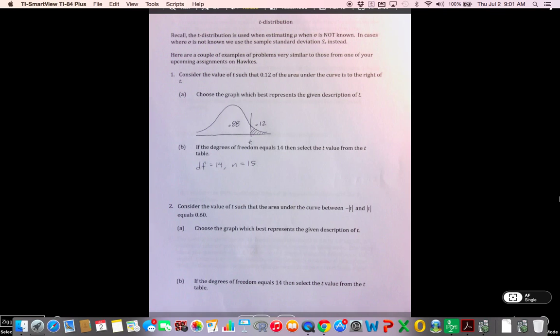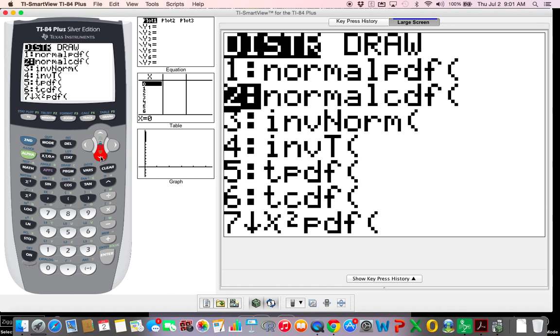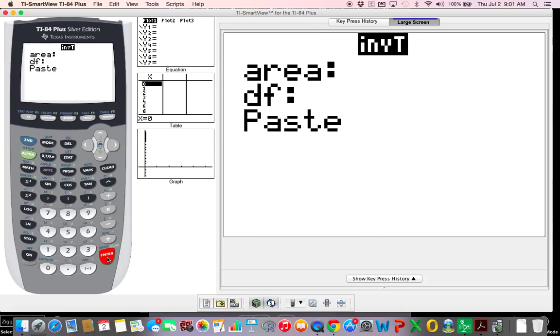Shoot, my coffee's cold. That's not cool. But anyway, gang, what we'll do is we'll go to our calculator. And we'll use the inverse t. Our area to the left is 0.88. Even though the problem gives us 0.12, we always have to put area to the left in our calculator.